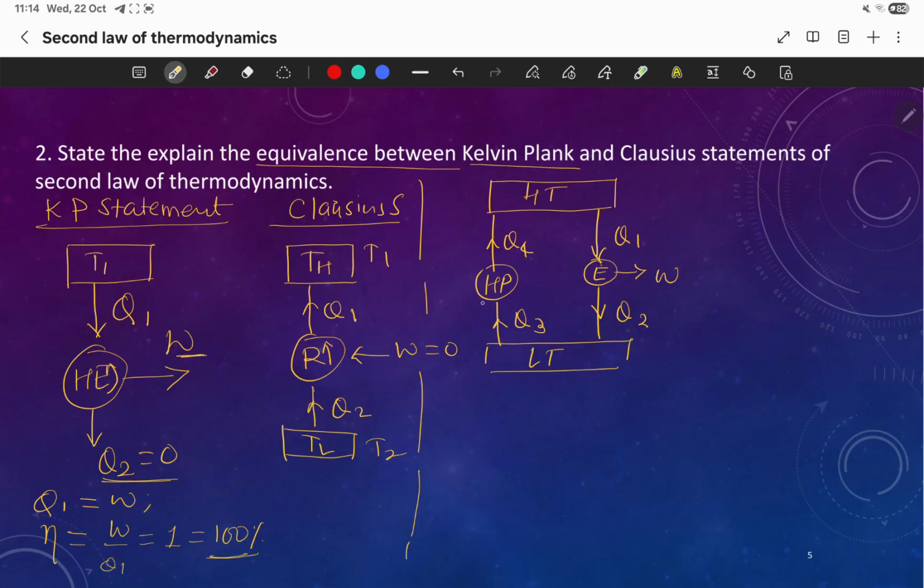Okay, now here what is happening in this statement, we have a violation of the Clausius statement. We are transferring heat from lower temperature to higher temperature without any work input. So here work input is 0.